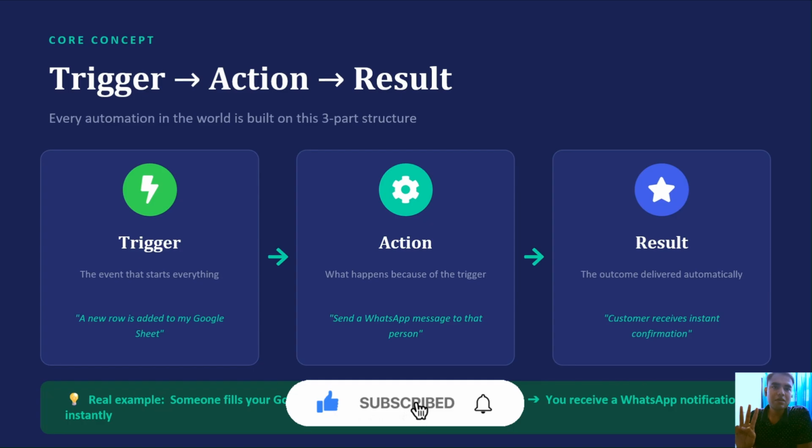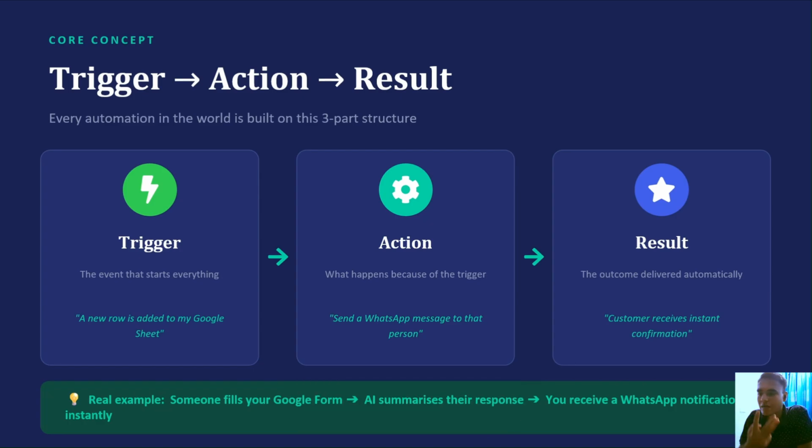There are mainly three parts or structure of any automation. First one is trigger, second one is action, and the third one is result. Now what does trigger mean? Trigger here means what the name says: when a flow starts.